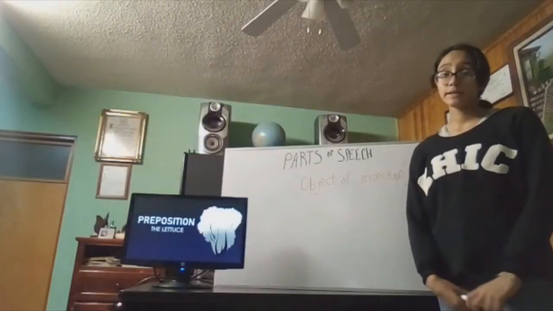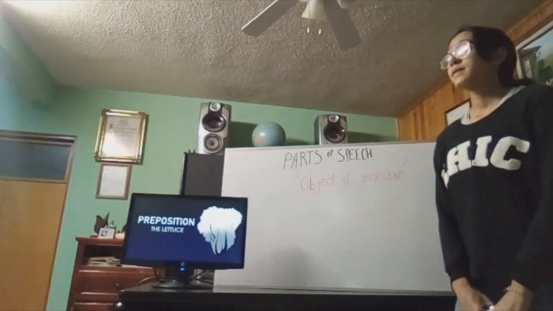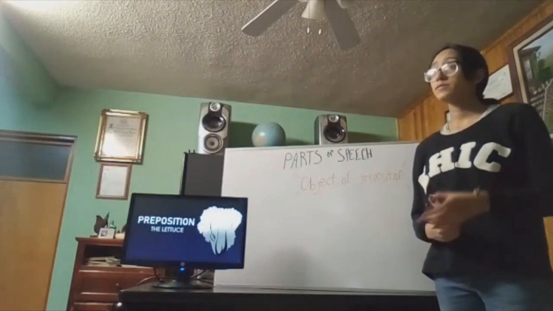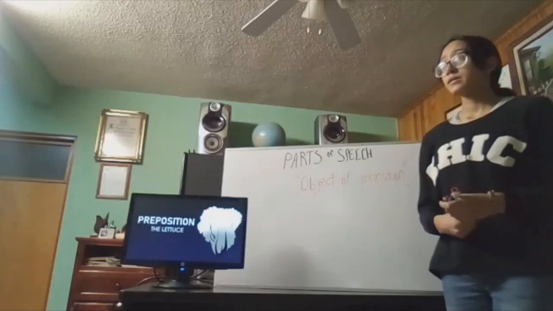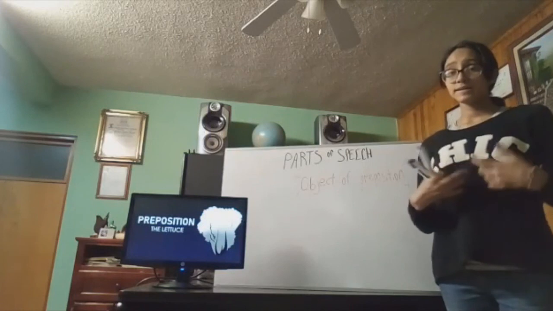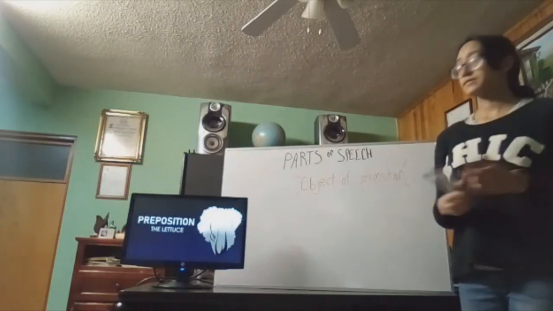The next one is prepositions. With prepositions, you're making a relationship between the noun or pronoun and the other words of the sentence. This way you can make a relationship that links them together to make a full sentence that makes correct sense.